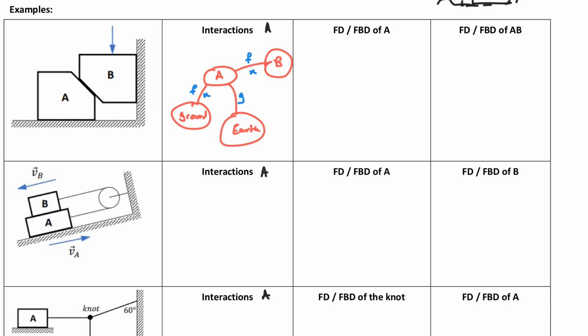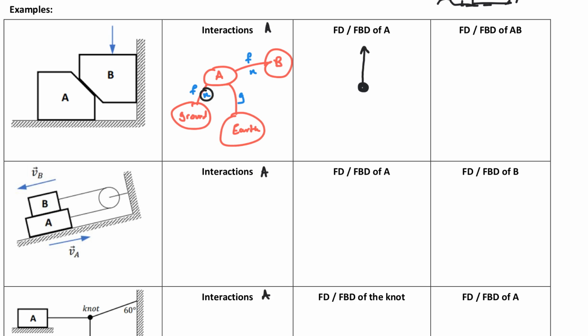Now, how do we draw a force diagram? Oh, this is fun. What we're going to do is, instead of drawing the whole box, we're going to draw dots, and we're going to compress all of this mass into this little dot over here. And we're going to start looking at the interactions. So the ground is going to push it upwards, and therefore I'm going to draw a force going upwards, and that's from the ground.